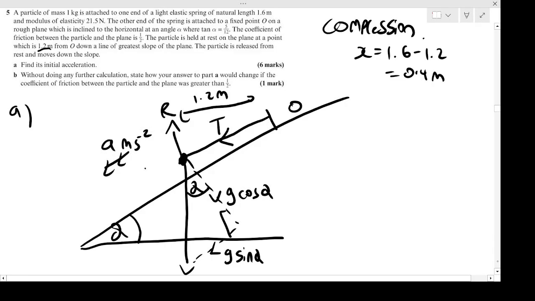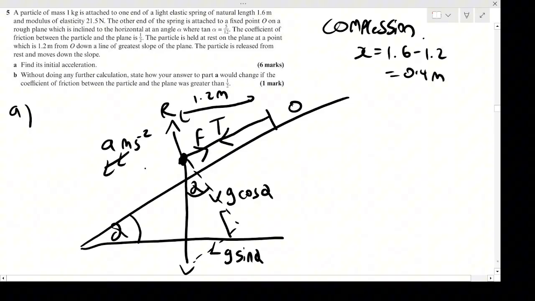Why? Because we literally told it moves down the slope. So if it moves down the slope, the acceleration has to be downwards. There's no guesswork needed there. So we know for definite it moves down the plane. If the particle moves down, then the friction would have to act up the plane. So there we are, that's my friction force.